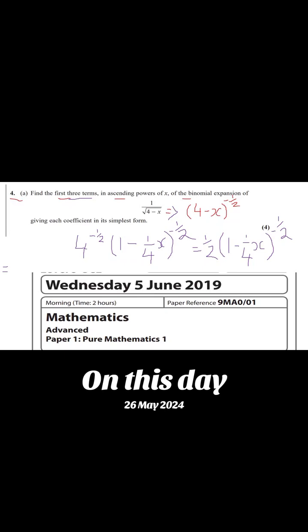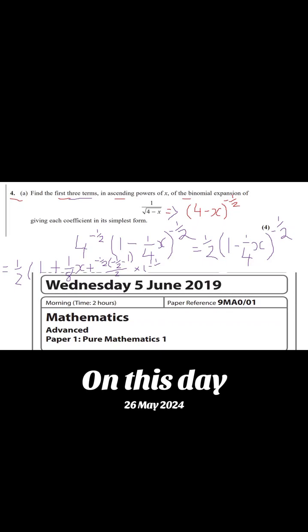So we have a half brackets 1 plus 1/8 x, because minus a half times a quarter gives 1/8, and then plus n times n minus 1 over 2 factorial, which is 2 times 1, which is 2, multiplied by a quarter x squared.